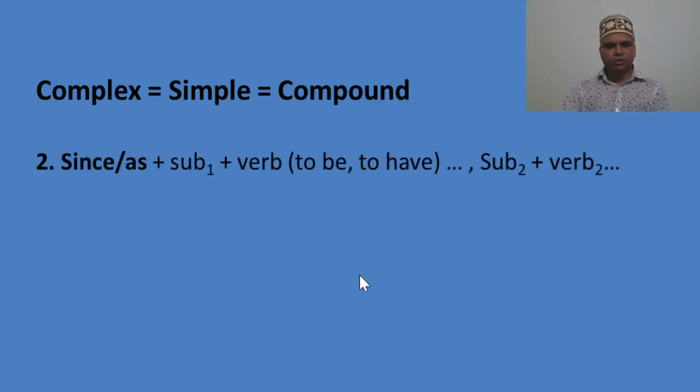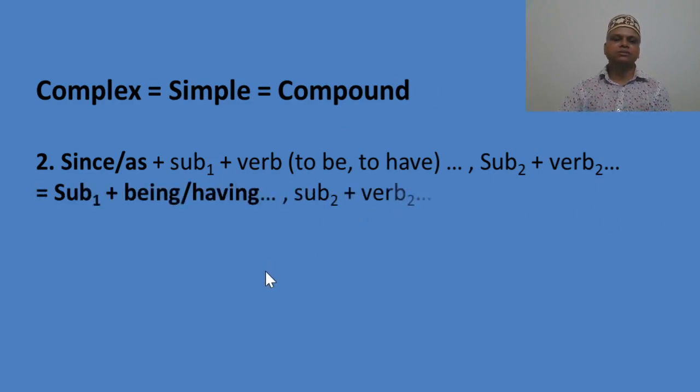Now the second rule: if a complex sentence begins with since or as and the subject of both clauses is not the same, look at the sentence: subject 1, subject 2, that is, the subjects of both clauses are different. Then we have to follow this structure to make it simple.